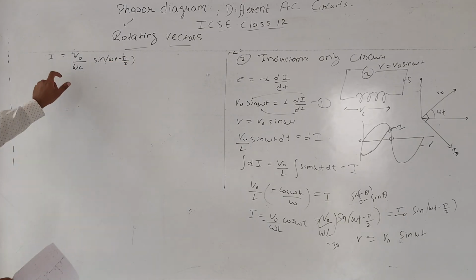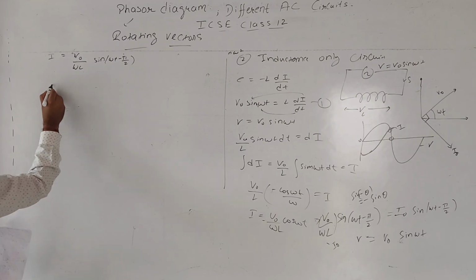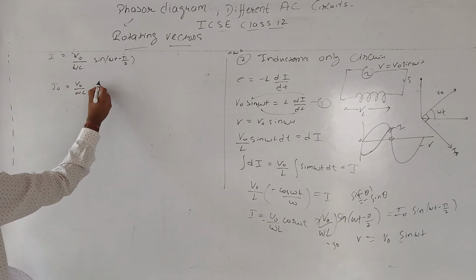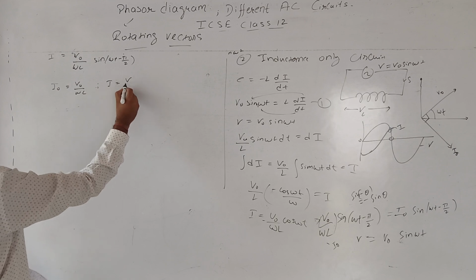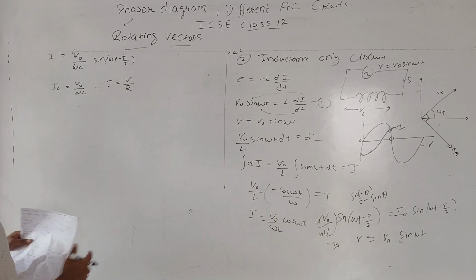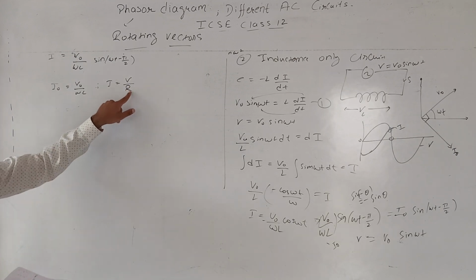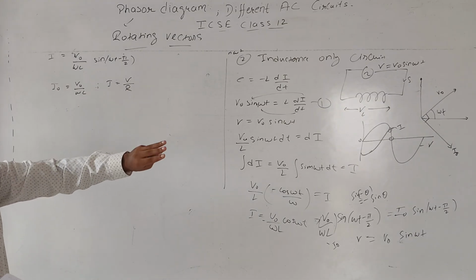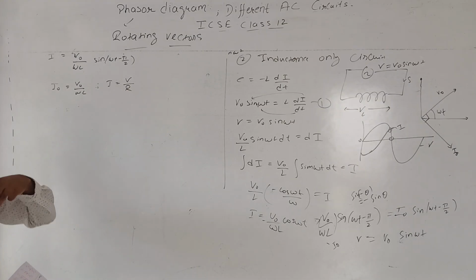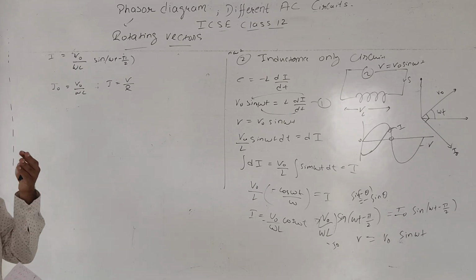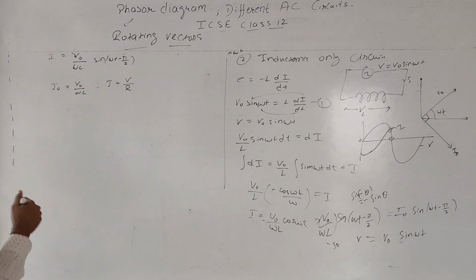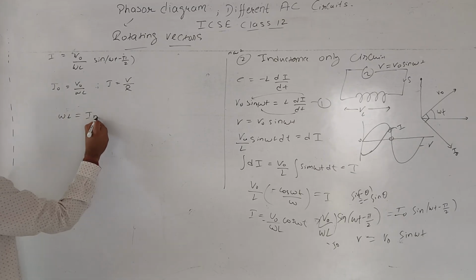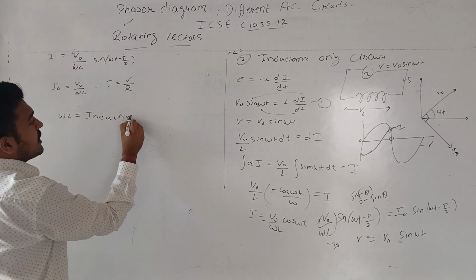This we have written as I naught. So I naught is equal to V naught by omega L, but I is equal to V by R, where R is the resistance. But in this circuit we don't have any resistance, we only have an inductor. So this term omega L, we call the inductive reactance.